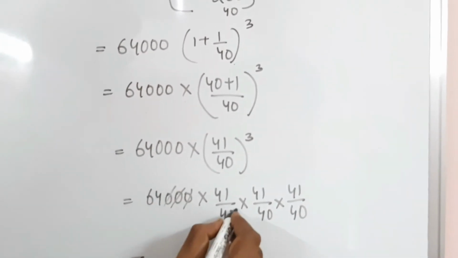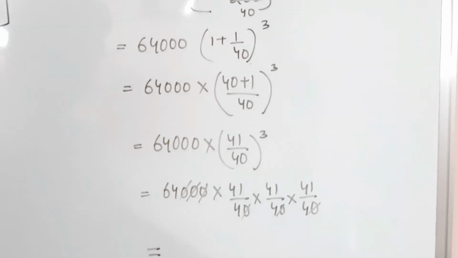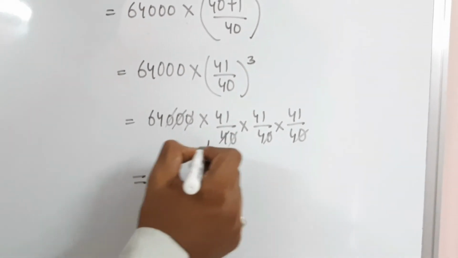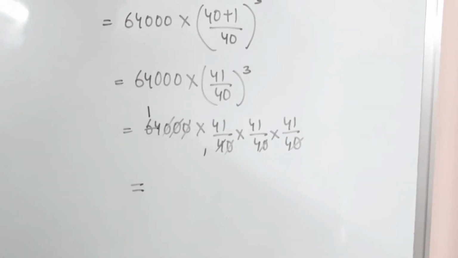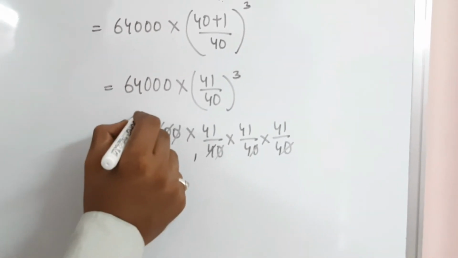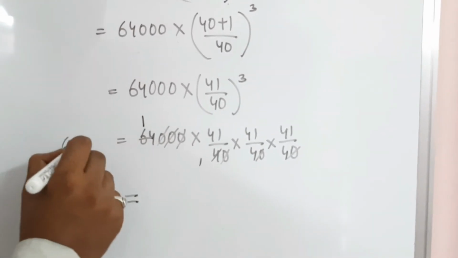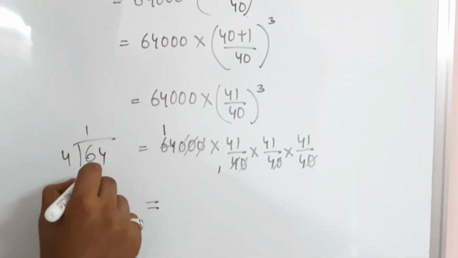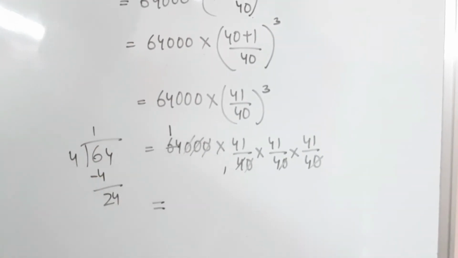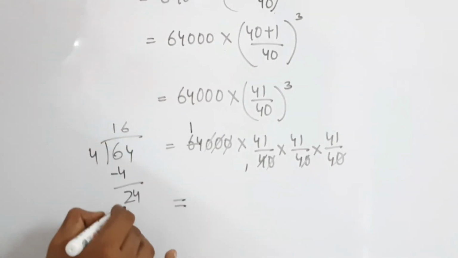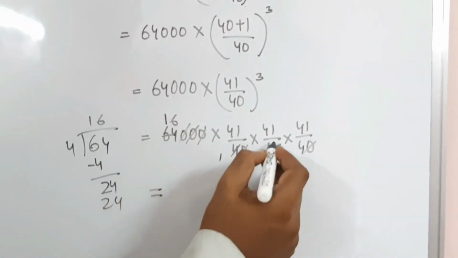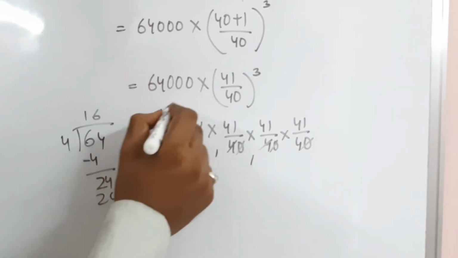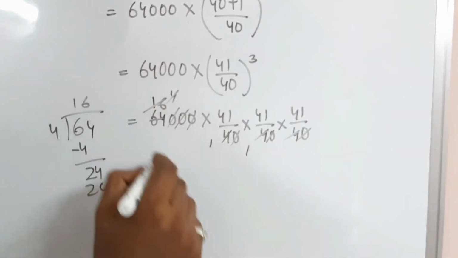1, 2, 3 zeros get cancelled. 4 ones are 4. 4 how many times? 64 fours are 16. 4 ones are 4, and these get cancelled.